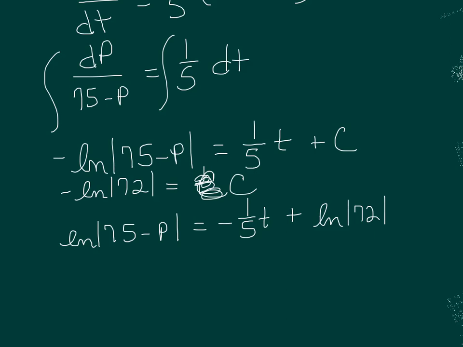So if we solve for P, we're going to have e to the negative 1/5 t plus the natural log of 72 equals 75 minus P.